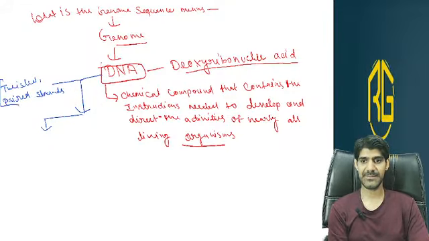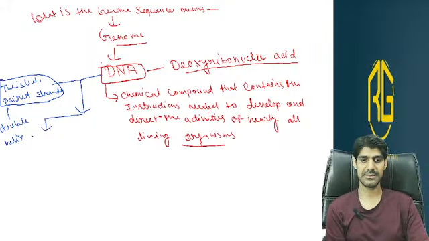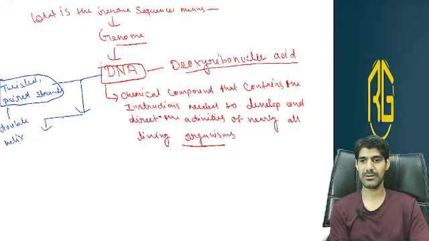This twisted and paired strand structure is called a double helix. The compound that is found in this is called the nucleotide.